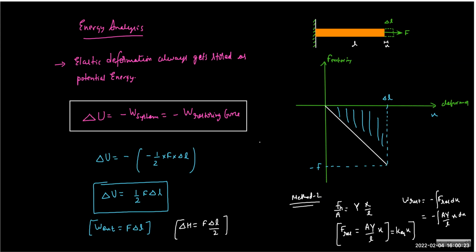If you remember, I told you that the spring formula is nothing but the property which comes from the elastic property. So the equivalent spring value is AY by L, you can see.